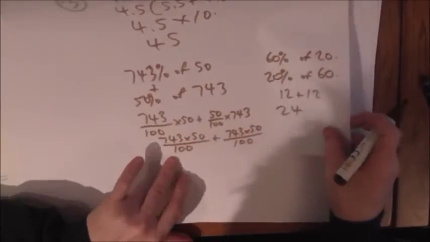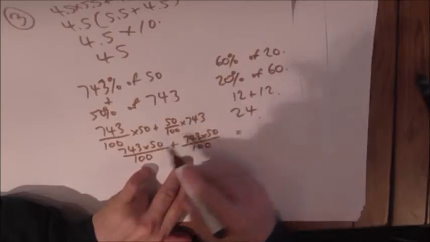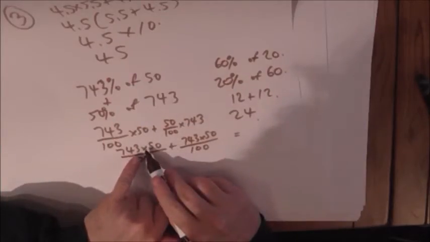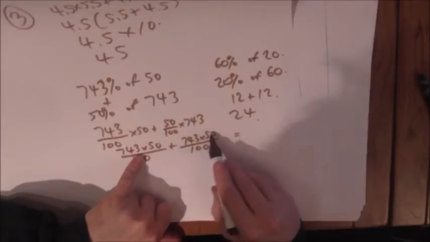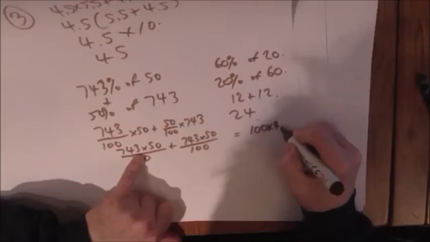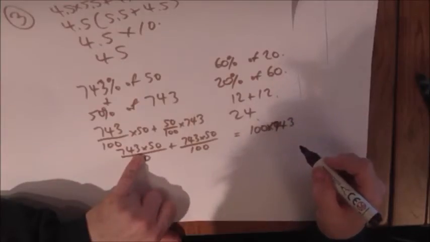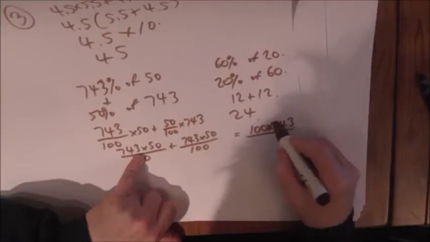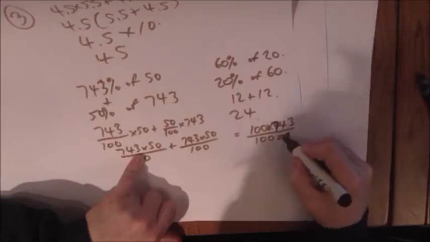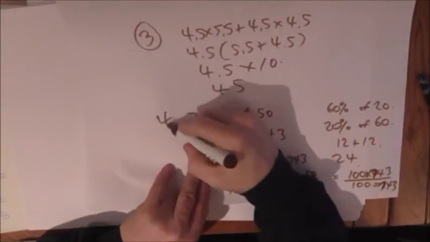So that is 2 of those. Oh, there we go. If you got 50 something, you add another 50 of it, you have 100 of it. So the answer is 743. That was question number 4.